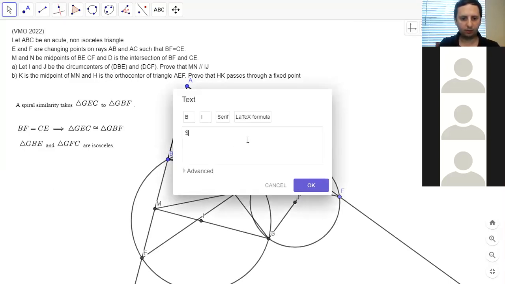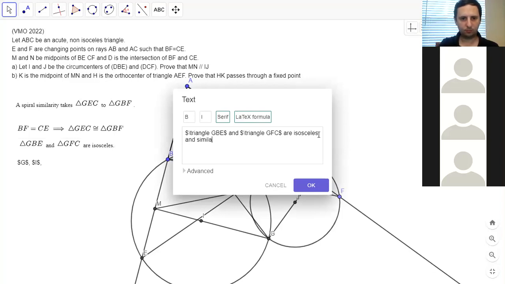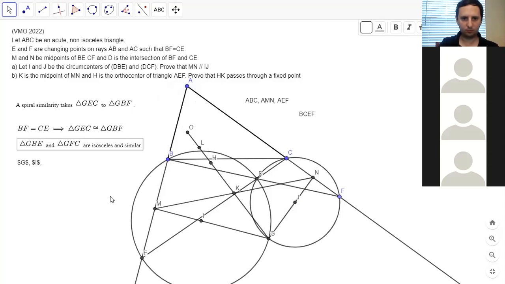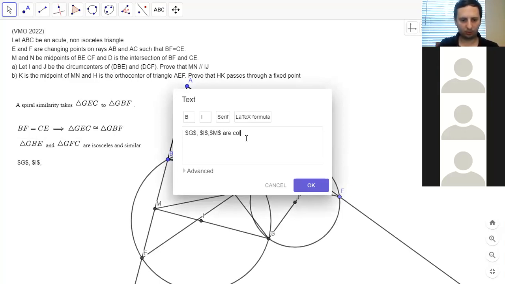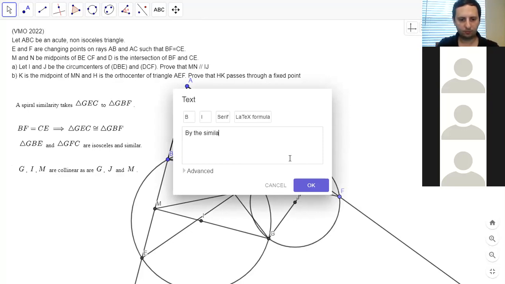So GIM and GJN are isosceles and similar. So G, I, and M are collinear, as are G, J, and N. And then GI over IM equals GJ over JN by the similarity. And that means that MN is parallel to IJ.